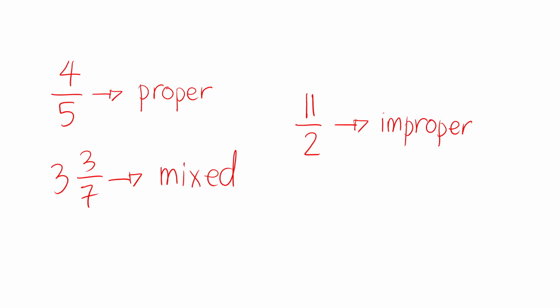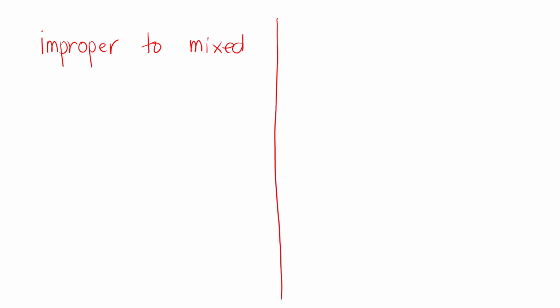Okay, now let's move on to, do you still remember how do I convert an improper to mixed? At the same time, how do I convert a mixed number to improper?